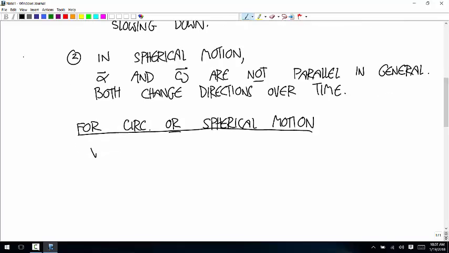The velocity of the particle is equal to the angular velocity crossed with this r vector. I'll tell you what that r vector is in a second.